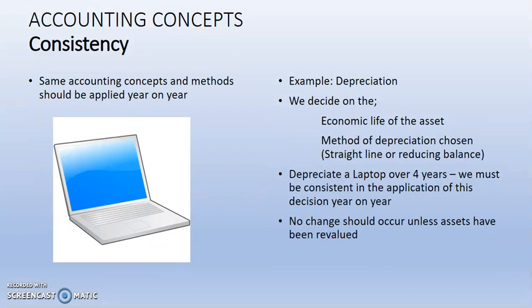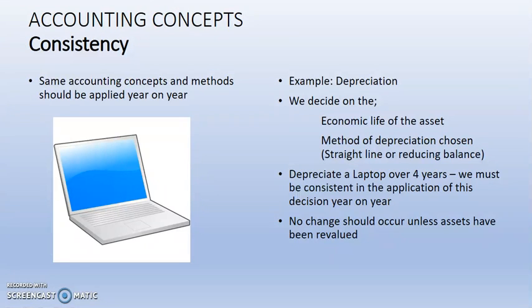Moving on to consistency, which is another accounting concept. So basically the issue of consistency focuses on using the same accounting concepts and methods and applying them year on year. So the example that I've chosen here is depreciation.